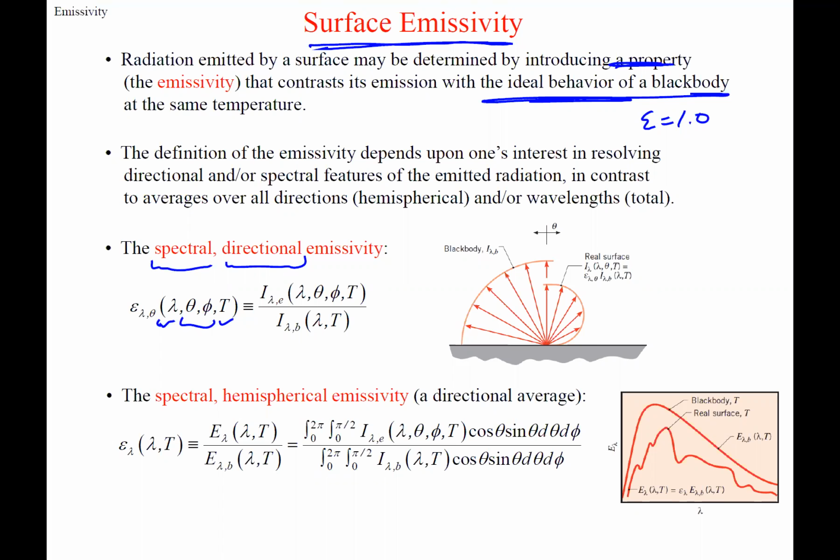Here in the denominator is that black body value, and here's the actual emission for that surface. Now if we take a directional average, basically integrate over the direction, we have just the wavelength and temperature influence. Again, it's actual over black body.